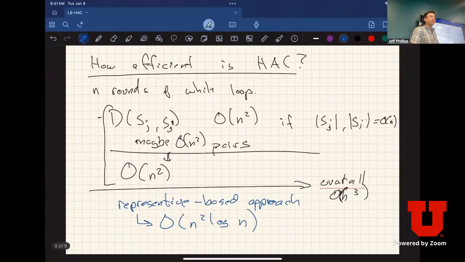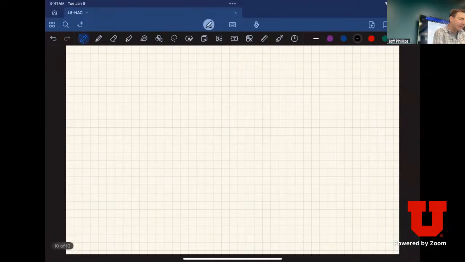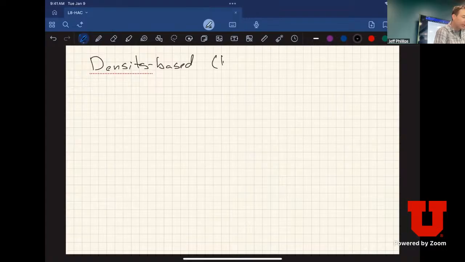So I want something that looks kind of like single link, but doesn't have to do all this iteration that's going to cause these large run times. And so the popular output of this turned into what was called density-based clustering.